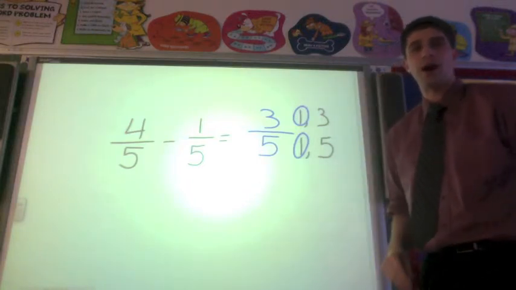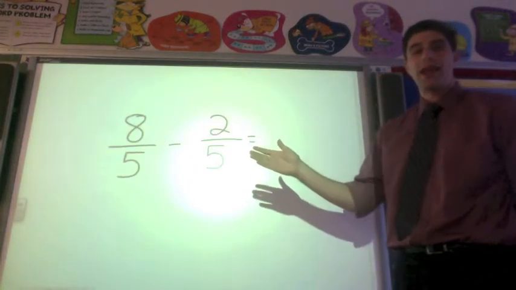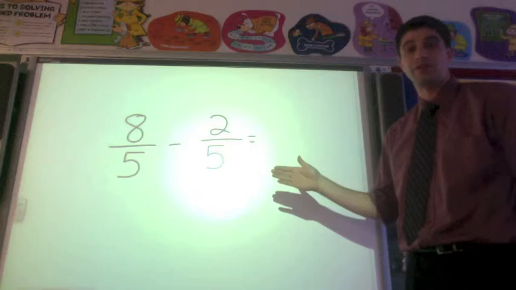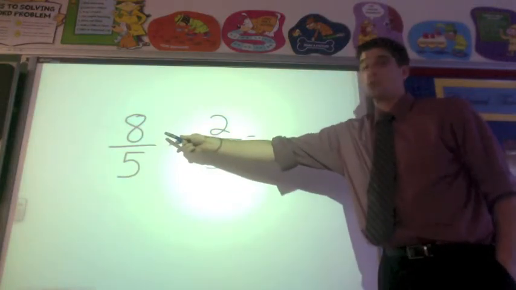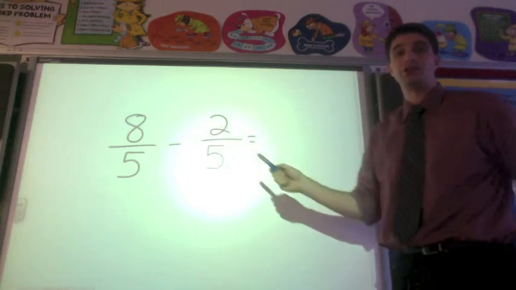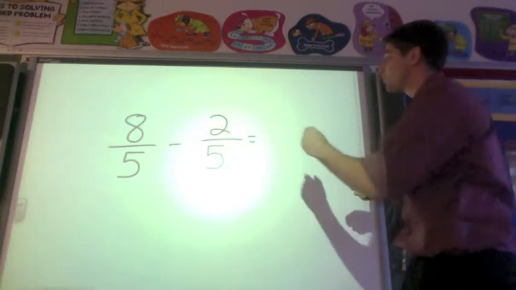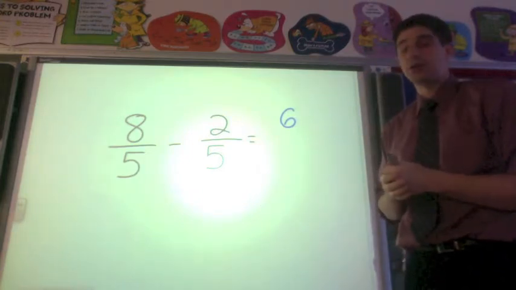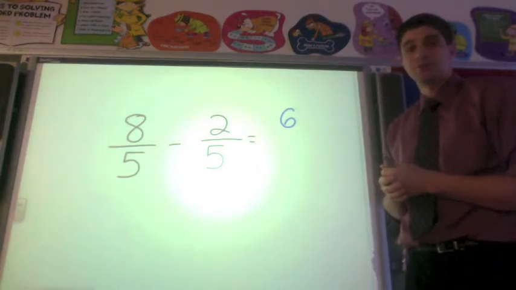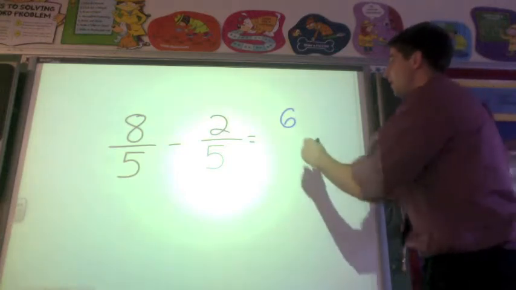Let's try one more problem. 8/5 minus 2/5. We subtract our numerators. 8 minus 2 is 6, correct. And what do we do with our denominators? That's right, we keep them the same.